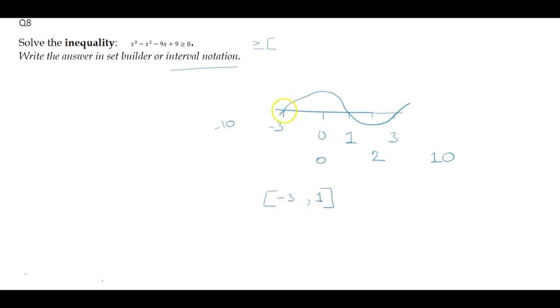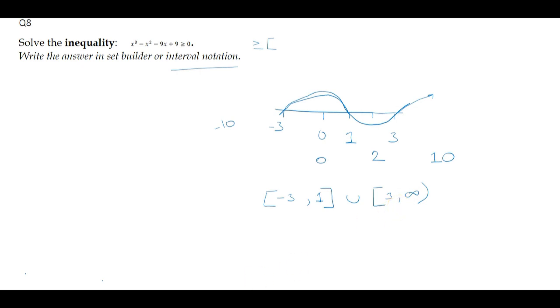That is all this piece in here. It is above 0, with the union of 3, and all this section is going to be going above 0. So it's going to be from 3 to positive infinity, and infinity always goes with a parenthesis.